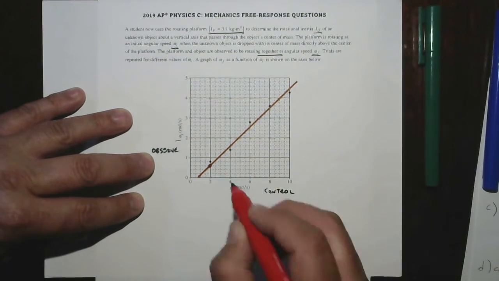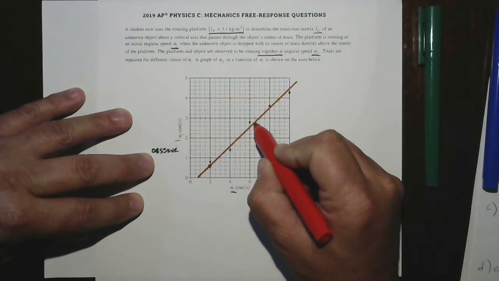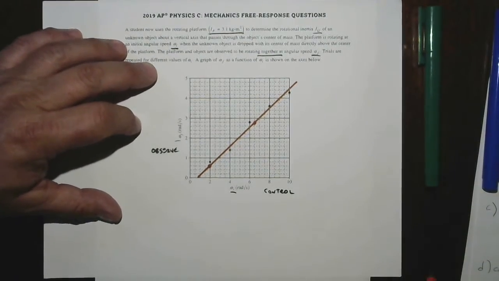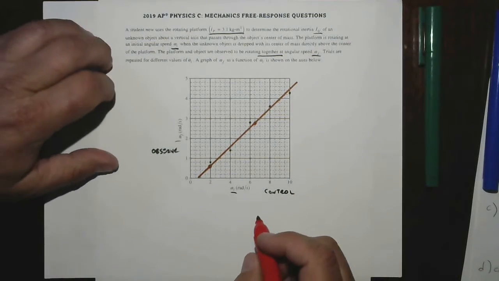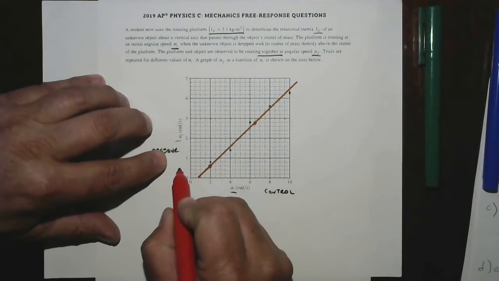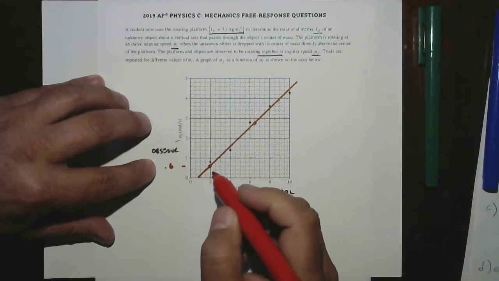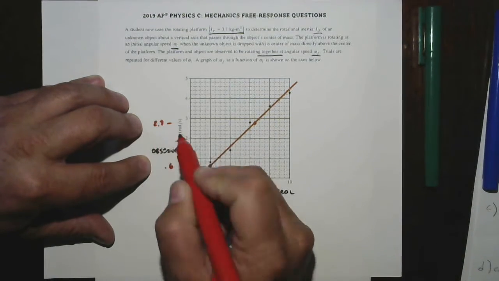I see a point here that I could use to find the slope, and I'm looking for another. Boy, this one looks really good too. All right, I'm going to go with those, and let's just quickly find the slope. I'm not 100% sure I'm going to need to do this, but I am 99.9% sure. Okay, so rise over run. We're starting here, and this is 0.6 radians per second, and then this up here looks like about 2.8 radians per second.